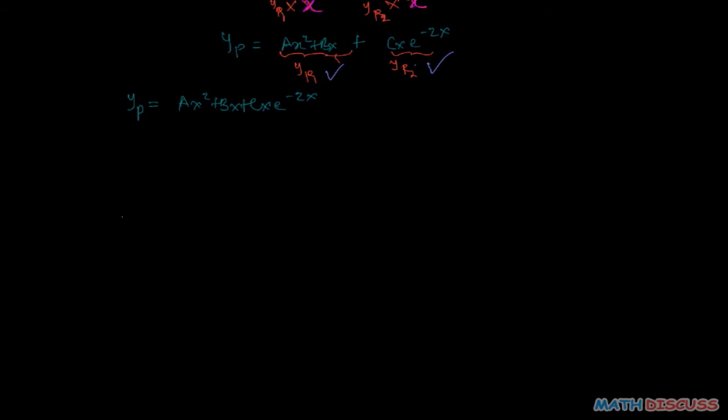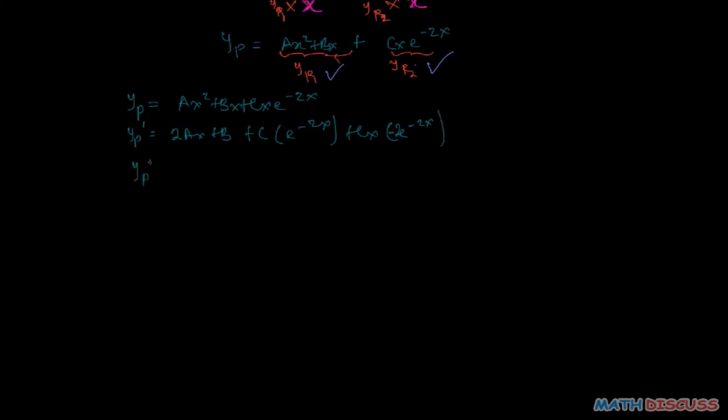Since I already know this to be my yp, my yp prime is going to be 2ax plus b, then plus c times e to the power negative 2x, then plus cx, just applying the product rule there, minus 2e to the power negative 2x.